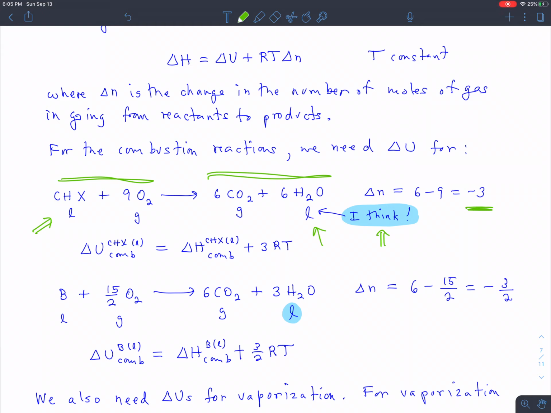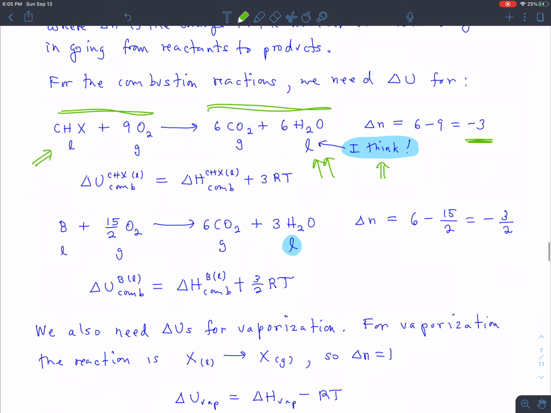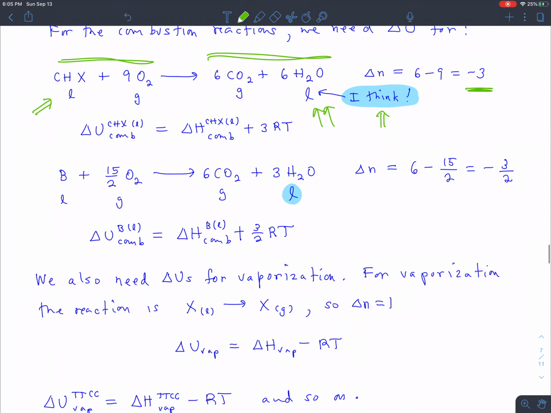I'm 100% sure, really, well, 98% sure that this is correct, because otherwise the whole calculation wouldn't make sense. But that's a deduction on my part. I don't have an authority to cite for that. Anyway, if that's true, then the delta U of combustion of the liquid is equal to the delta H of the combustion of the liquid plus 3 RT.